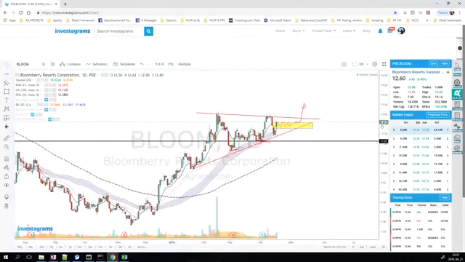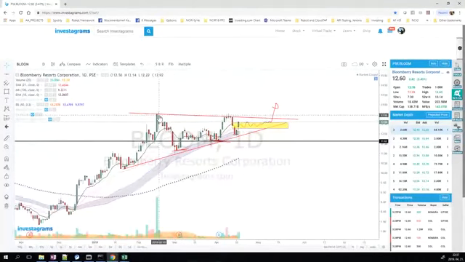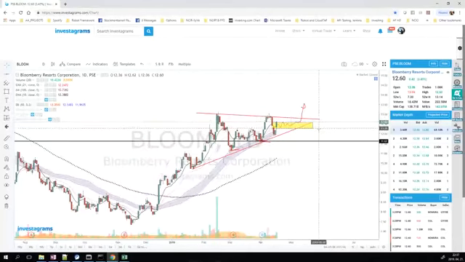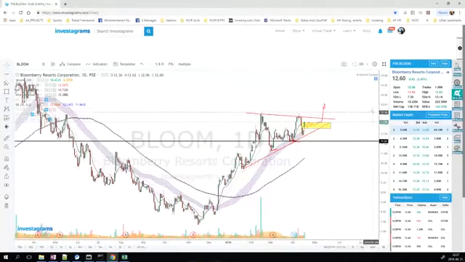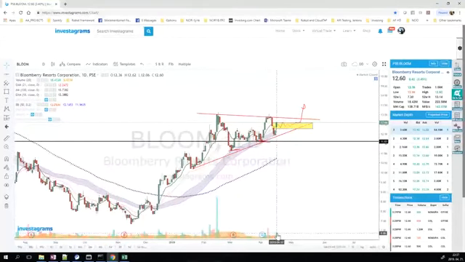So aside from that, this one and this one, this resistance became really a valid resistance, tested 2 times, and the high possibility of breakout here. Aside from that, there is a high volume spike here, which is above average.